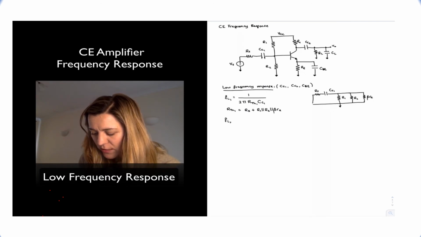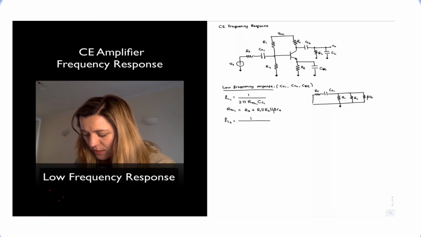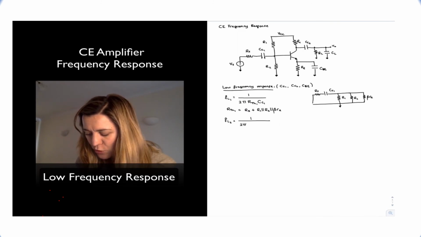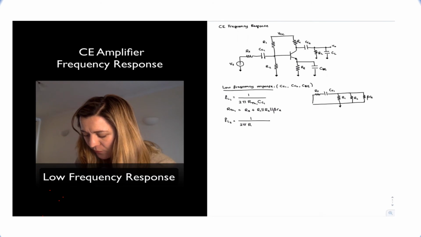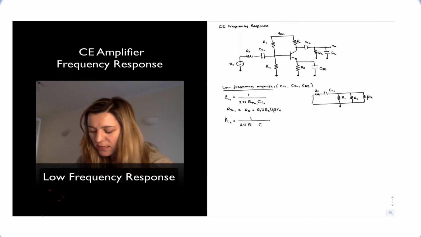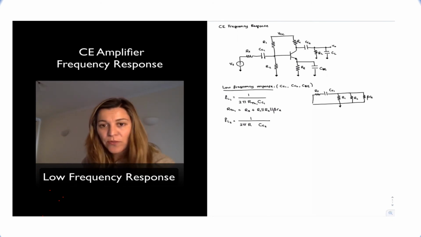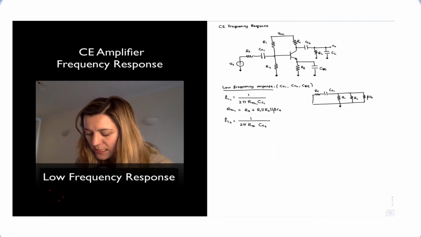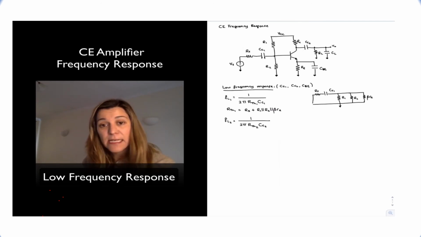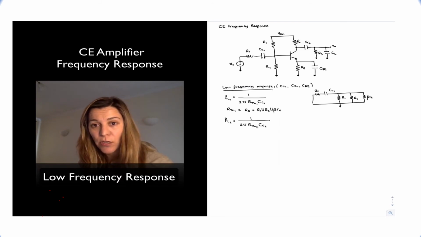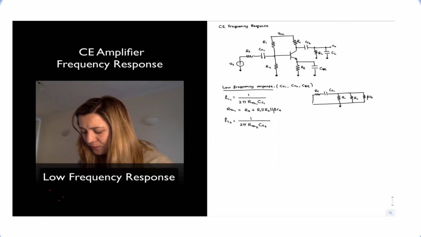If I'm calculating the one due to capacitor CC2, it is going to have the same generic form, 1 over 2 pi RC. In this case, the C will be CC2, and R will be the Thevenin resistance seen across the terminals of the coupling capacitor CC2. I'm going to call it R Thevenin 2.